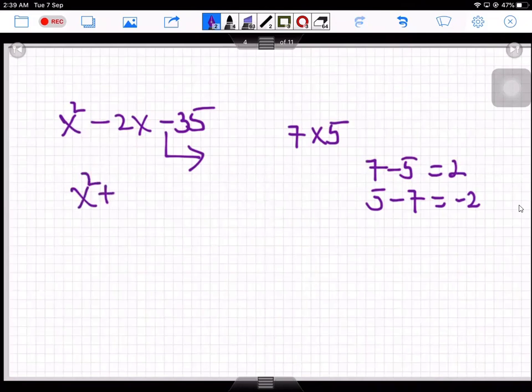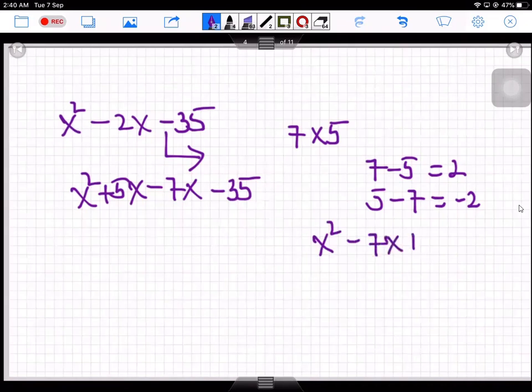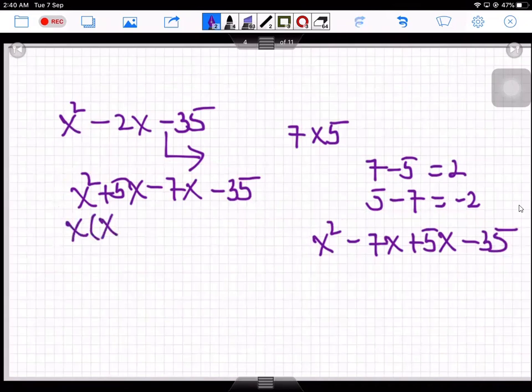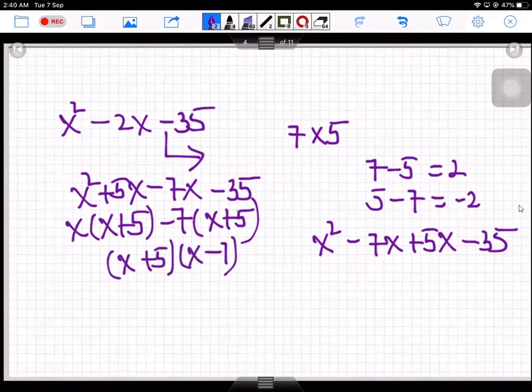So x square plus 5x minus 7x minus 35. Or what else you can do is write x square minus 7x plus 5x. It is the same thing, and these two ways will give you the same answer. Taking x common multiplied by x plus 5, taking minus 7 common multiplied by x plus 5, and therefore x plus 5 multiplied by x minus 7.